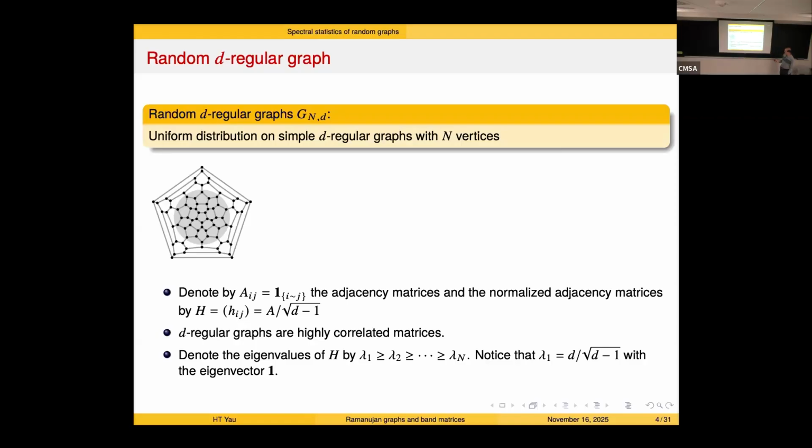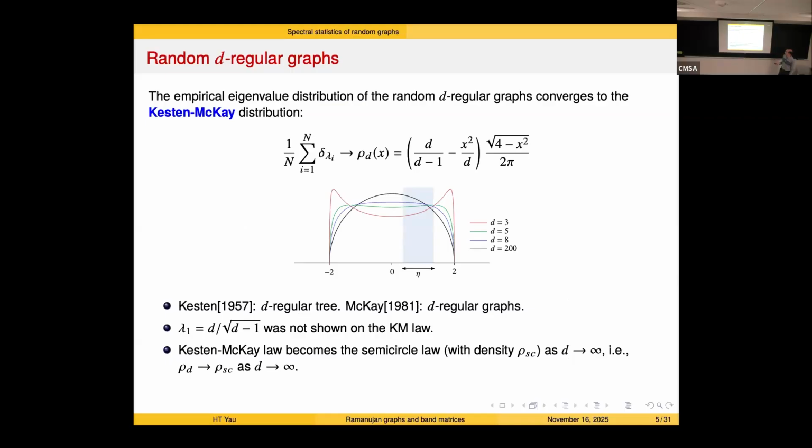Now there is a theorem by Kesten and McKay showing that the eigenvalue distribution of the random d-regular graph becomes the Kesten-McKay law. The Kesten-McKay law is not exactly the semicircle. There is one more term, x squared divided by d, and in front of it is d minus 1.